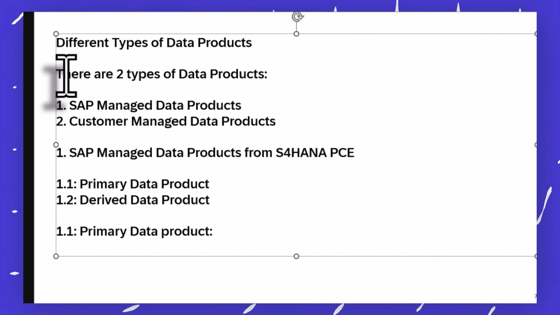How do we create a CDS view? We create a CDS view based on the underlying S4 table. The source is first the S4 table. On top of that, we need to create a CDS view, and on the CDS view you can enable the CDC mechanism. If a CDC mechanism is there, you can do a change.